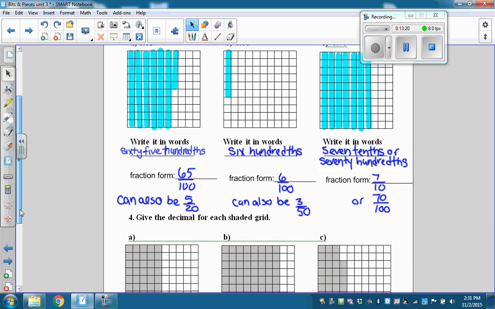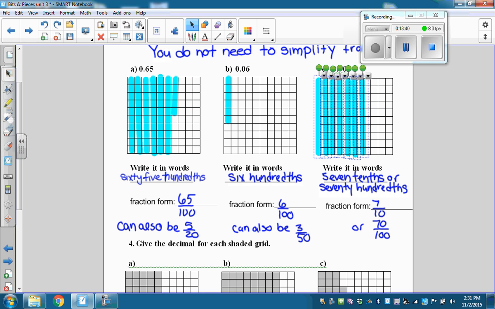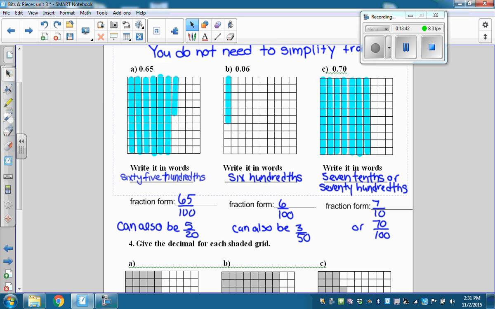And then the word 65 hundredths. Can you read that back there? 6 hundredths and 70 hundredths, but also 7 tenths is a good answer there. Because remember, one row, they're stuck together. Oh, there they broke apart. One row is a tenth.